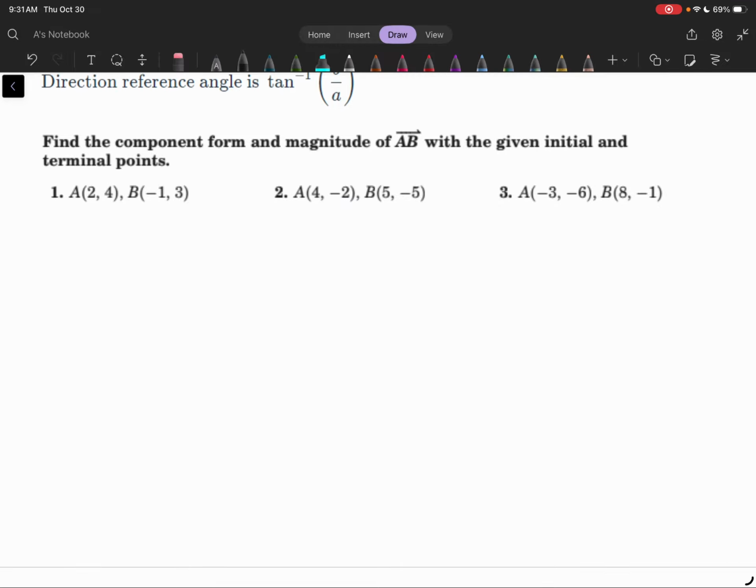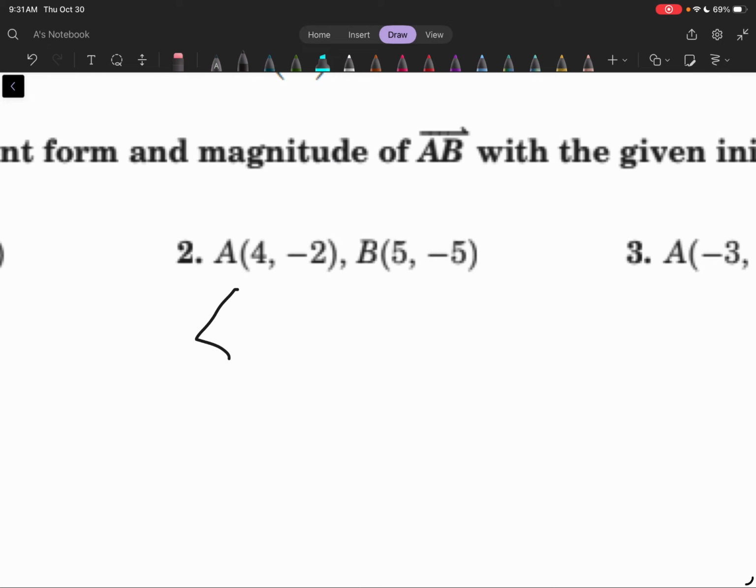For 1 through 3, find the component form and the magnitude of AB given the initial and terminal points. So I'm going to do number 2. I'll let you try 1 and 3. For AB, I'm going to take my x2 value 5 minus 4 and negative 5 minus negative 2.